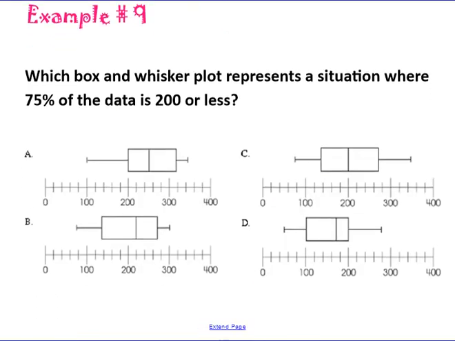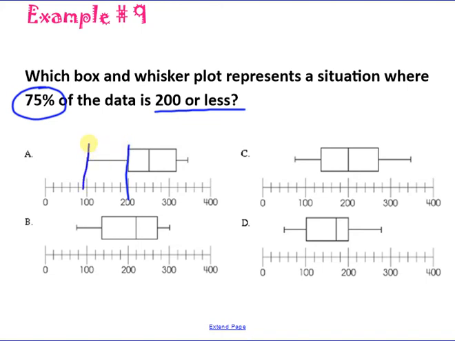Okay, number 9. Which box and whisker plot represents a situation where 75% of the data is 200 or less? So we're going to go through each one and find 200 first. So here's 200. Now, is 200 75% of the data?